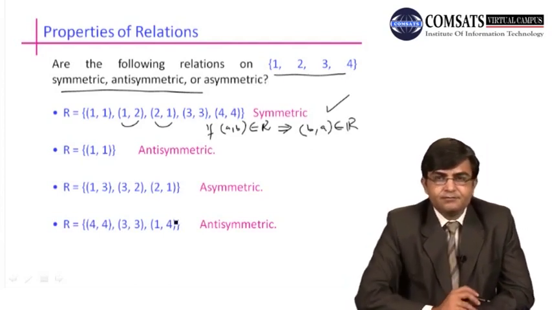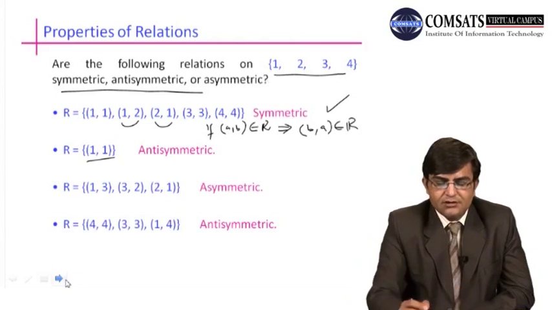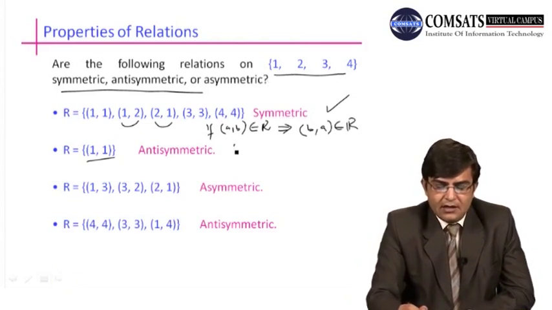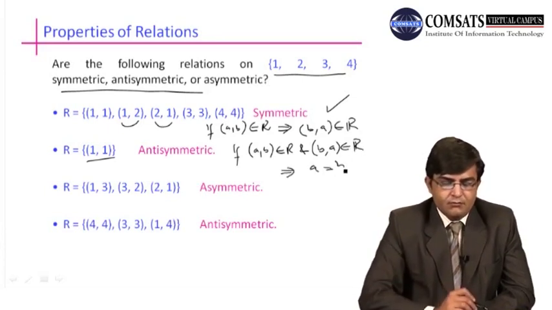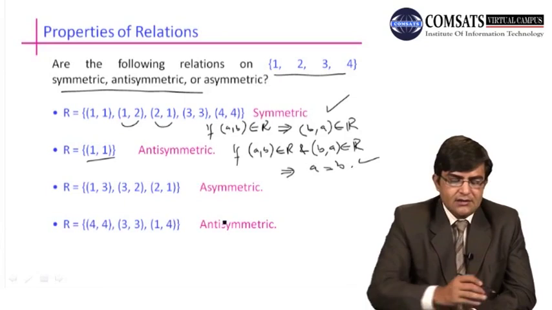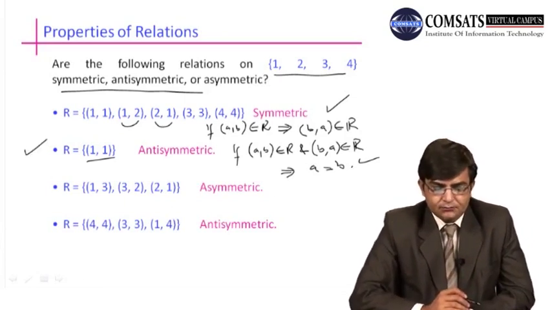This relation is antisymmetric because if AB belongs to R and BA belongs to R implies A is equal to B.